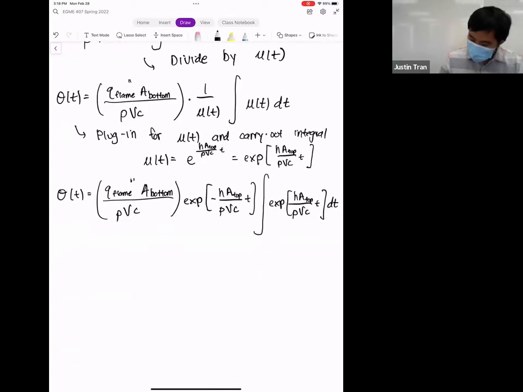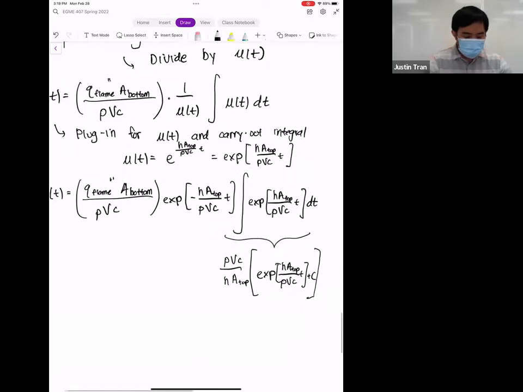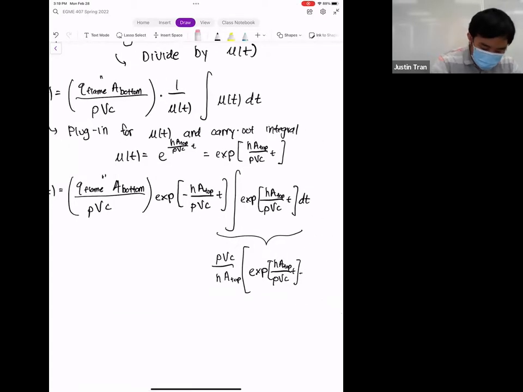To carry out that integral, we take the coefficient in front and multiply by 1 over that, and so we get rho V C divided by h A top, and that's going to be an exponential of h A top divided by rho V C t.